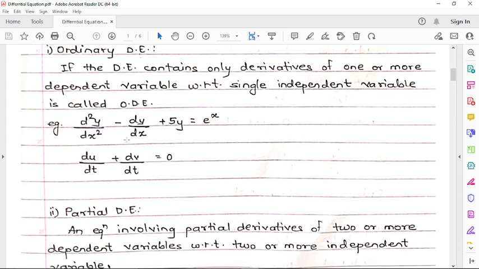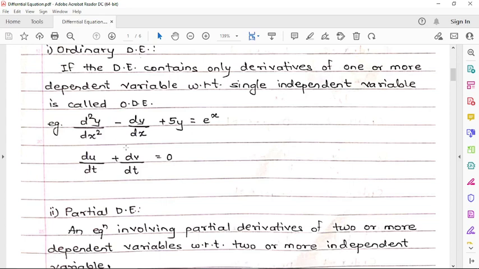See the second equation. This is also a differential equation and also an ordinary differential equation. I am reading this equation: du by dt plus dv by dt is equal to 0. Here u and v are dependent variables, right?